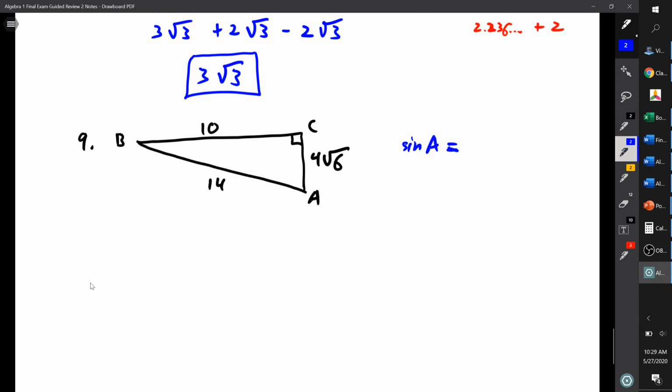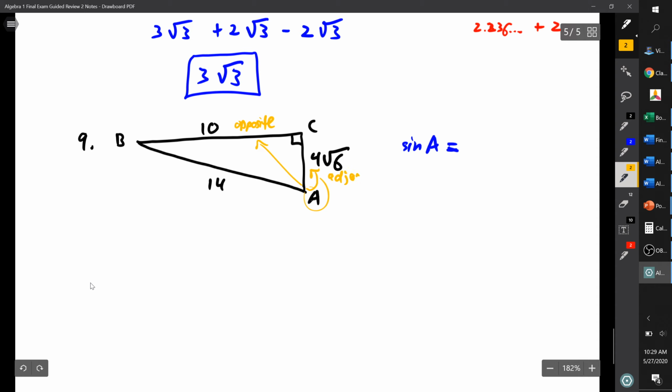What does it equal? It equals the opposite. So this is angle A, right? This is angle A. So that this is the opposite. This is the adjacent. Here's the right angle.